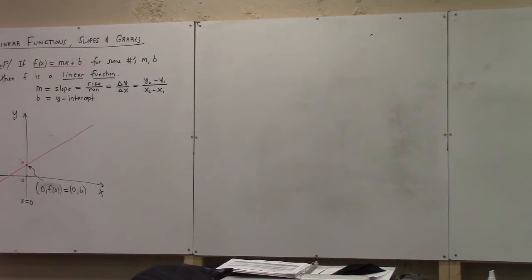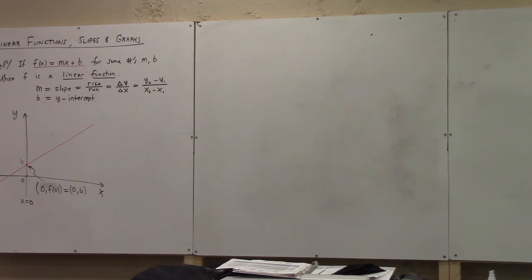Right? Now, where's x2 and where's x1, where's y2 and y1? Well, this is the neat thing. If you want to calculate the slope of a line, the thing that makes a line is it doesn't matter which pair of points you pick. Any pair of points that you pick, they're going to have the same slope.